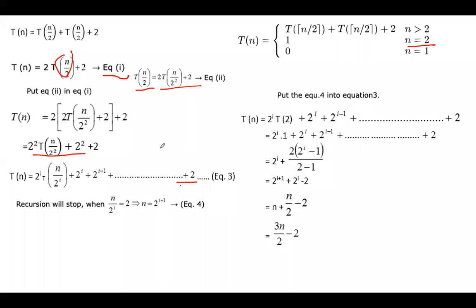Then you will get T(n) is equal to, see, 2^(i+1) divided by 2^i means you will get 2 only.